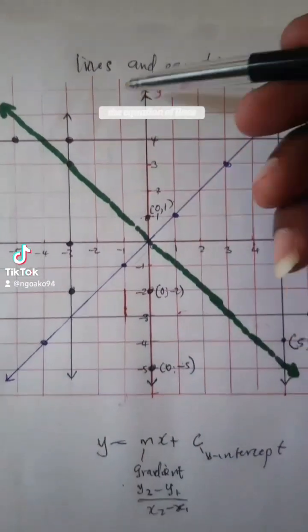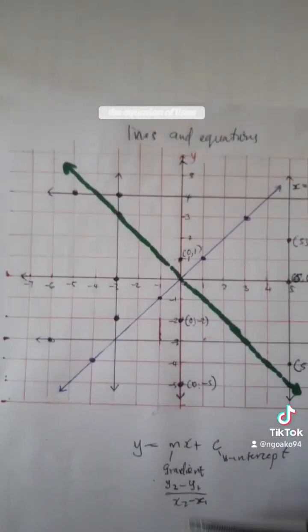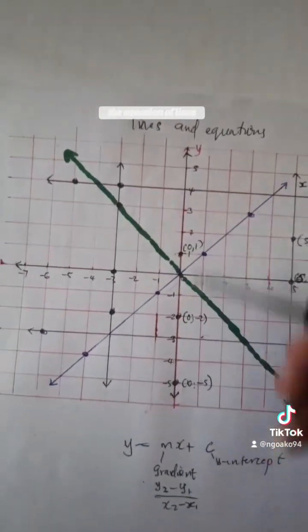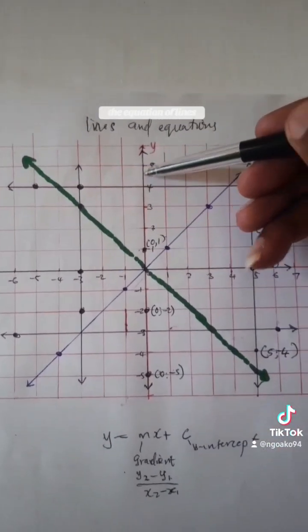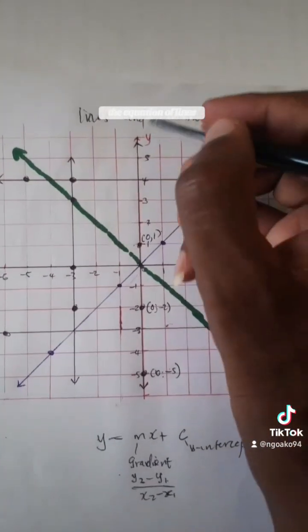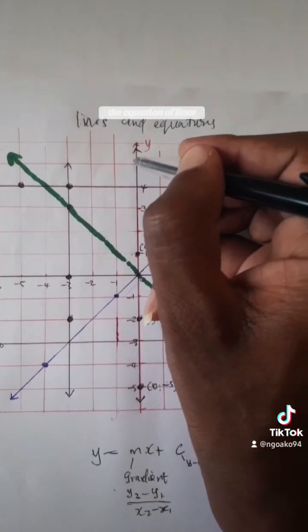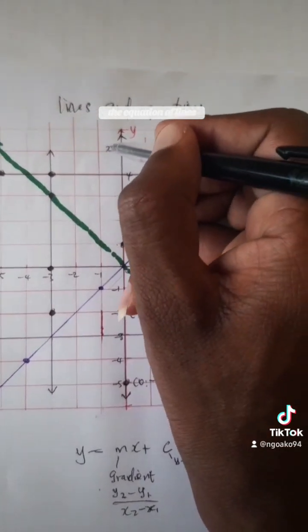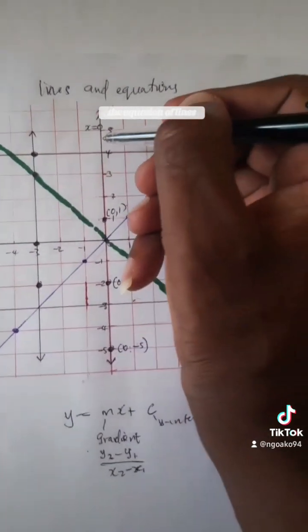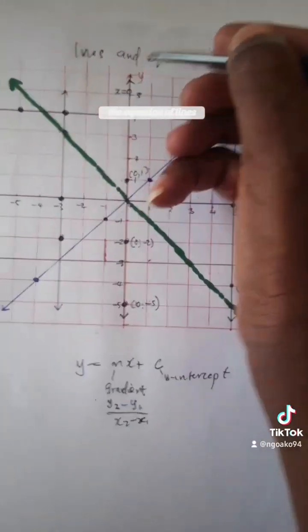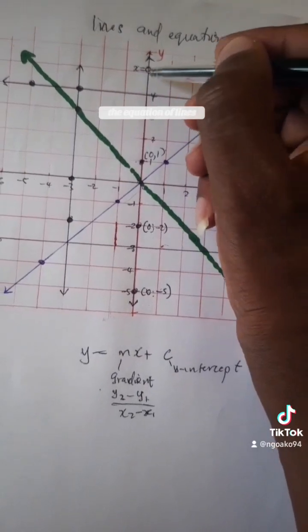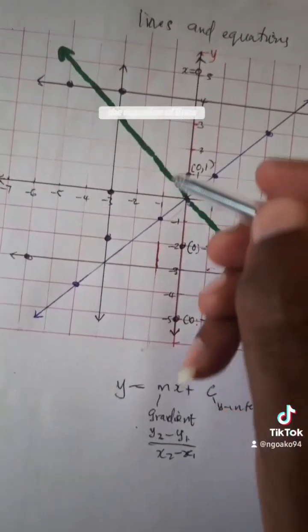So x is 0 throughout this line. So the x is not changing. The line is only changing in y, so it's going to cut only the y-axis. So the equation of this line will only be x equals to 0 at the y-axis. So that's why I say at the y-axis the x is 0. So that is the equation of the line here.